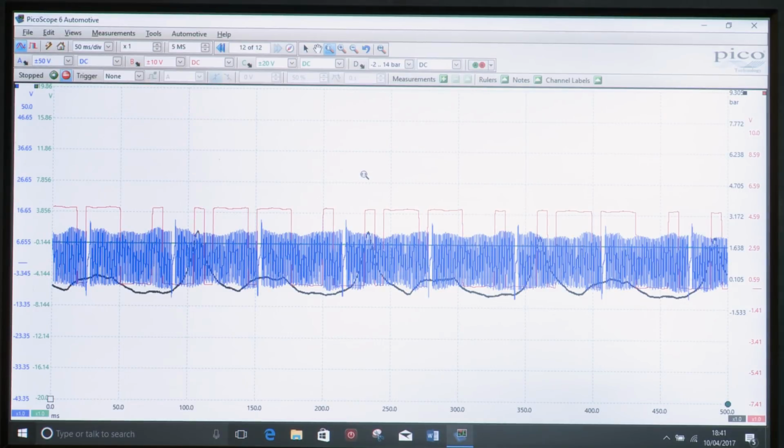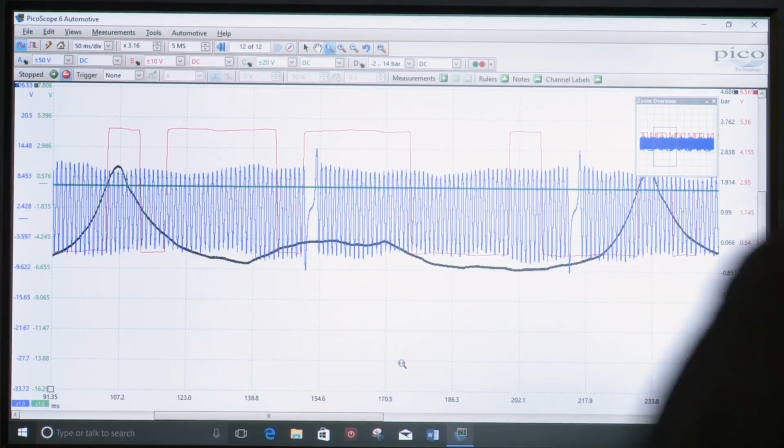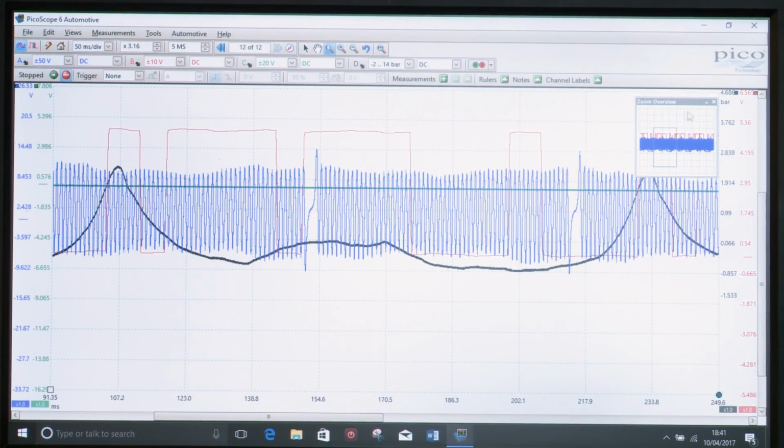We want to pick one complete cycle, so I'm going to draw a box around 2 compression events. There's your 720 degrees. Let's move this little box out of the way. Let's bring the cursors back in, the more the merrier.